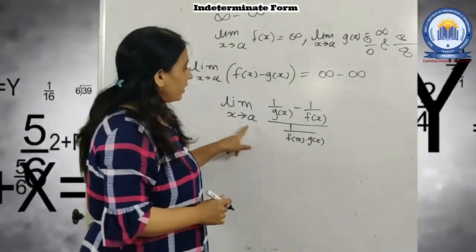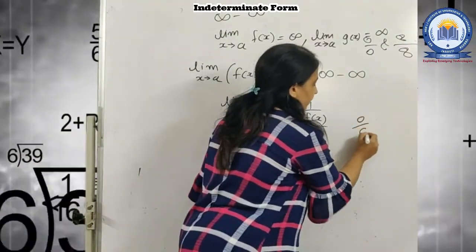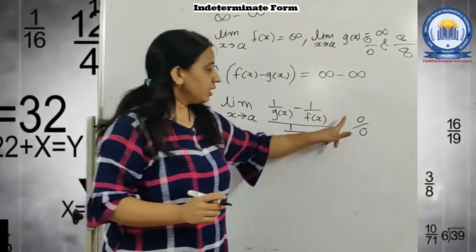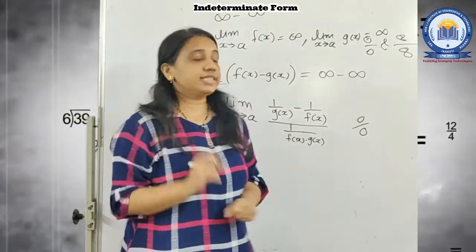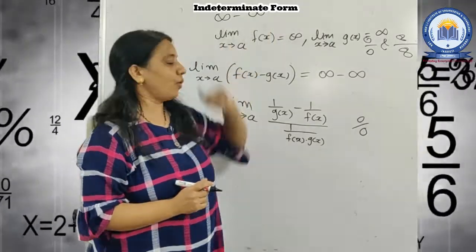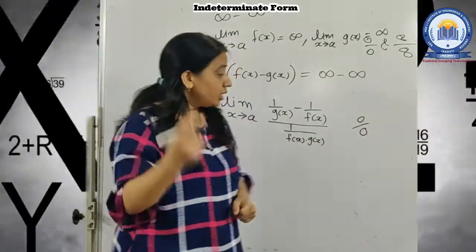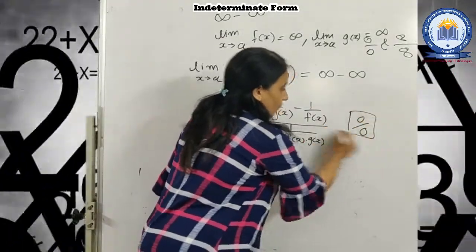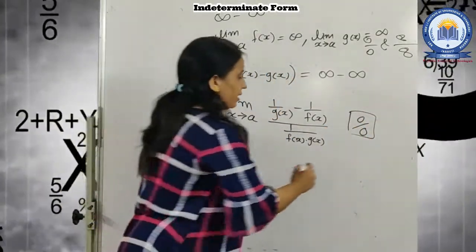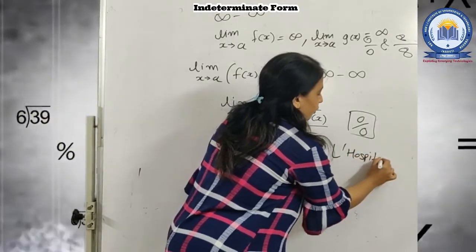If we rewrite it using this form, then it is converted into which form? 0 by 0. So basically we are having the infinity minus infinity indeterminate form, then we have converted it into 0 by 0. Now to this form we can apply L'Hospital rule.